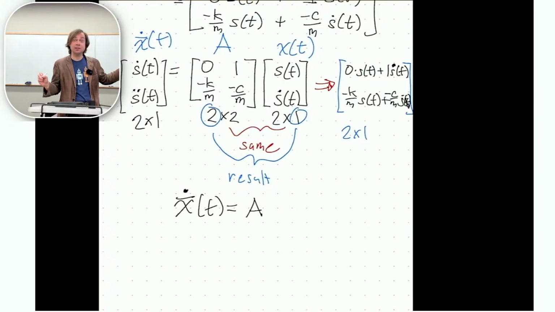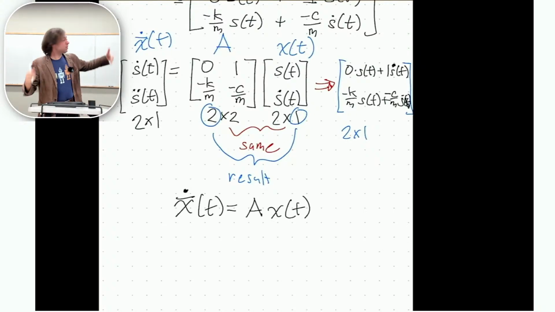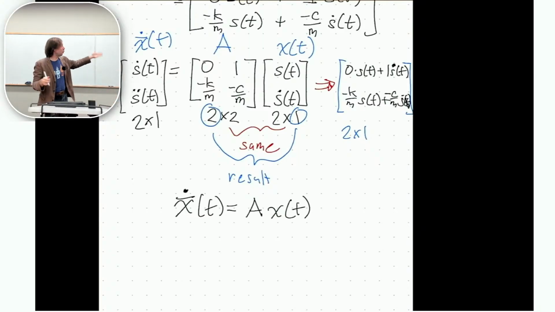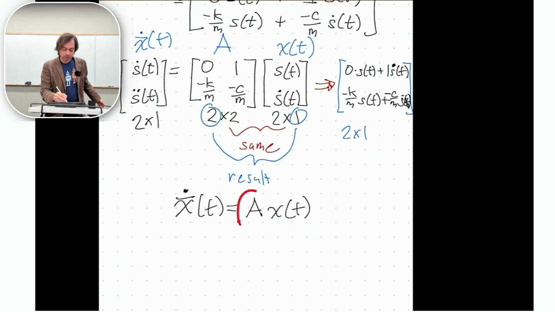It's just a bunch of constants, times x of t. Okay. This is an autonomous system. You would agree with me? Because the evolution, how much our state is changing over time, is only dependent upon our current state and constants, right? Okay.